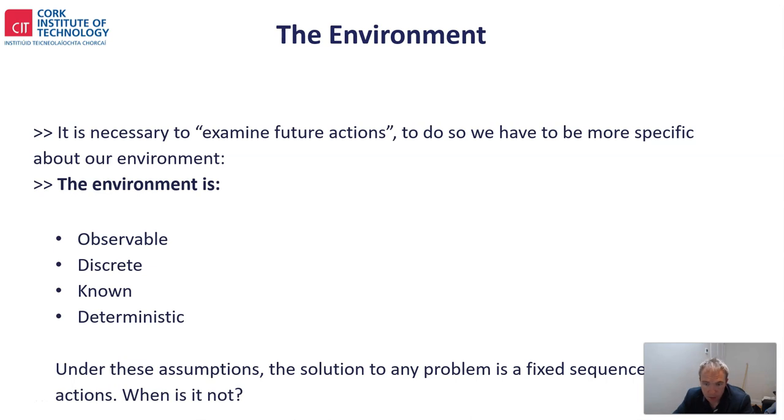This just means that if we leave Arad to go to Sibiu, we end up in Sibiu and not in Timisoara by accident. So the question we ask is, under these assumptions, the solution to any problem is a fixed sequence of actions. When is it not?